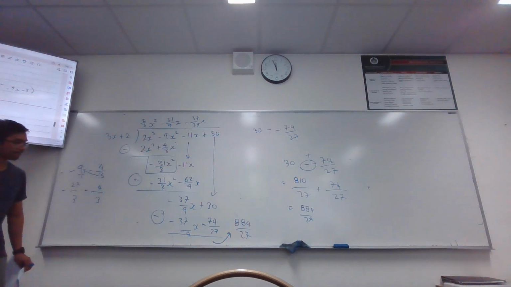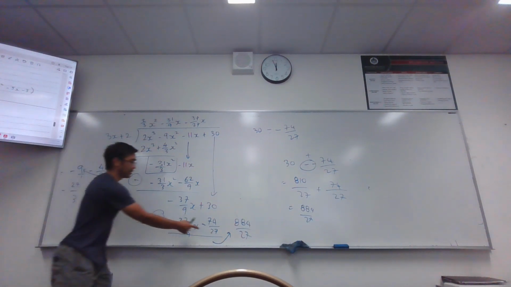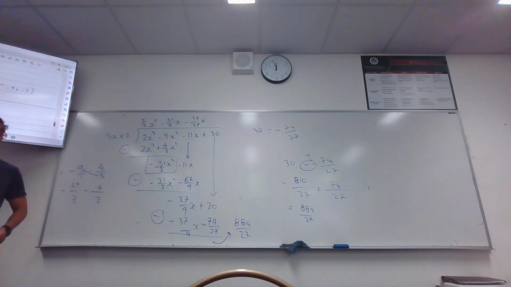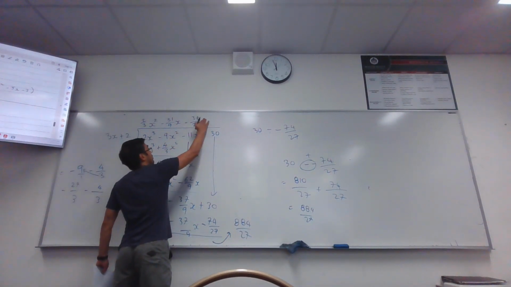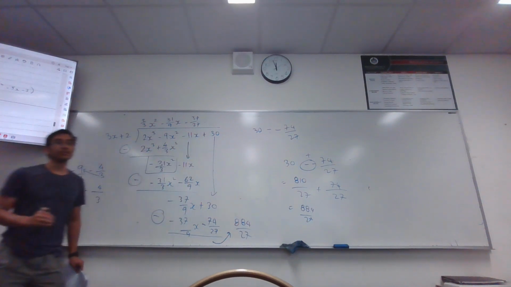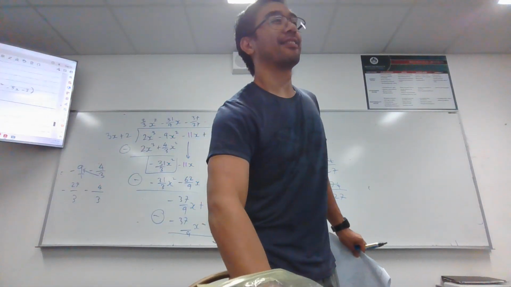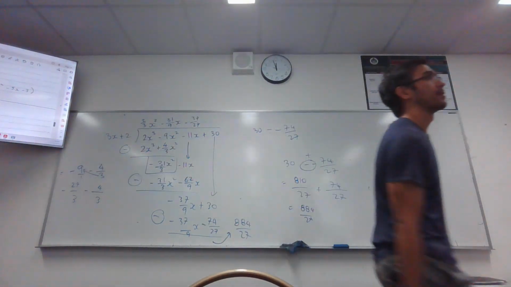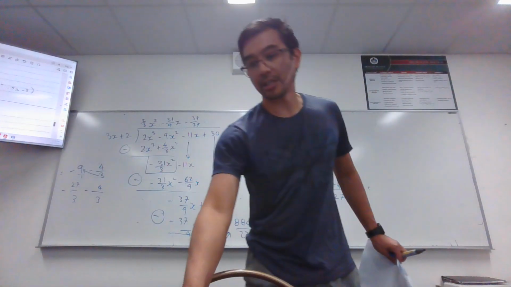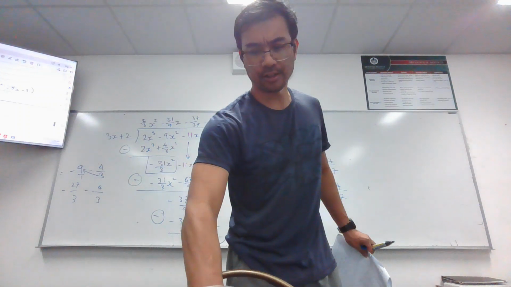Yes, sir. And negative 74 on 27 squared. This one here? No. The top one. Ah. Thank you. Tim, I'll give you one because you can do those calculations in your head.